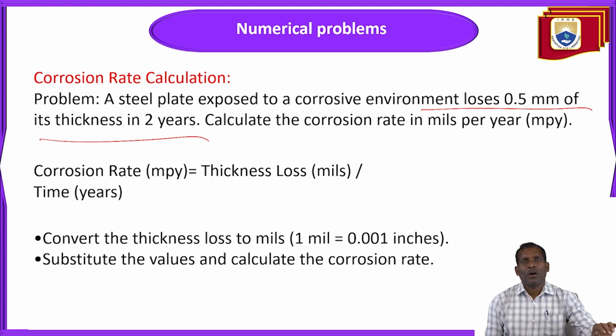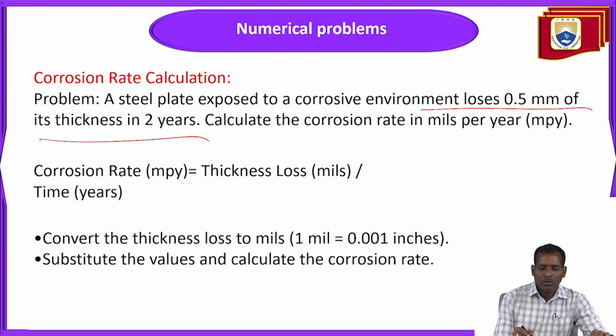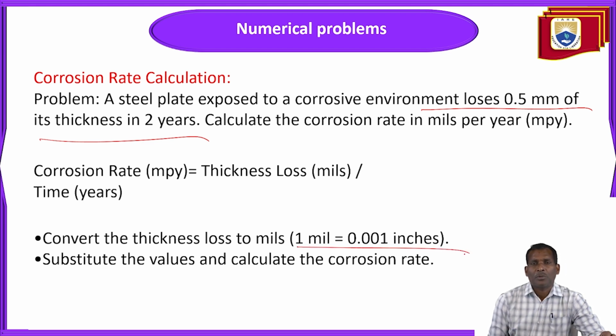Convert the thickness loss, where 1 mil is equal to 0.001 inches. So for mils per year, substitute the values and calculate the corrosion rate.